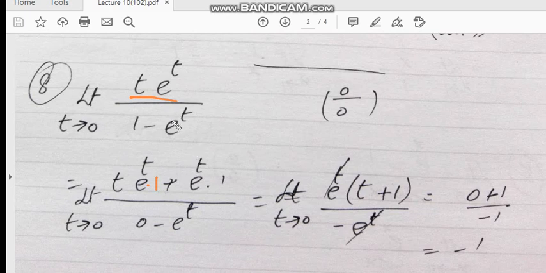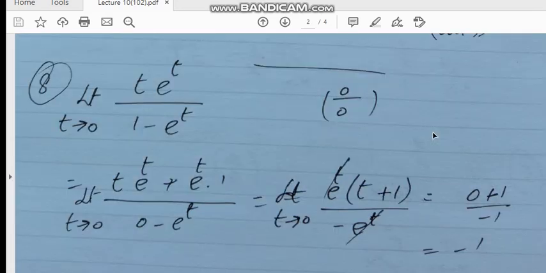Then e raised to power t and derivative of this t will be 1 over derivative of 1 is 0 minus e raised to power t's derivative is e raised to power t, and then derivative of exponent is 1. I have simplified it by taking e raised to power t common from numerator over e raised to power t, and after cancellation the answer is minus 1.